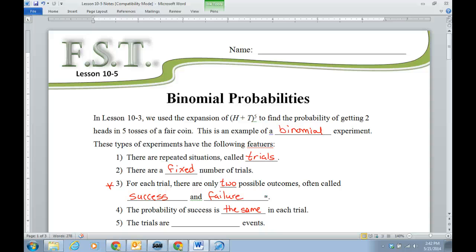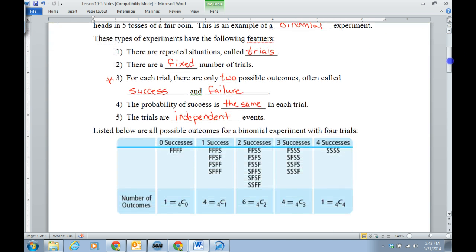No. So that's an example, because it's either you pass or you fail, and it's the same probability with each trial. Okay? The trials are independent events. Flipping a heads or tails does not make any difference on the next trial. It won't affect it at all.